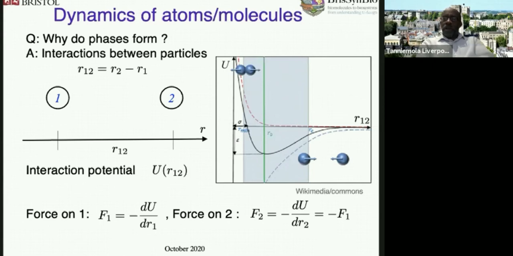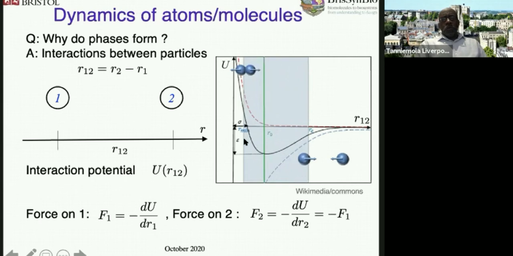A very popular model potential, which is semi-empirical, is the Lennard-Jones potential. John Lennard-Jones was an applied mathematician. He was professor of theoretical physics at Bristol, where I teach.